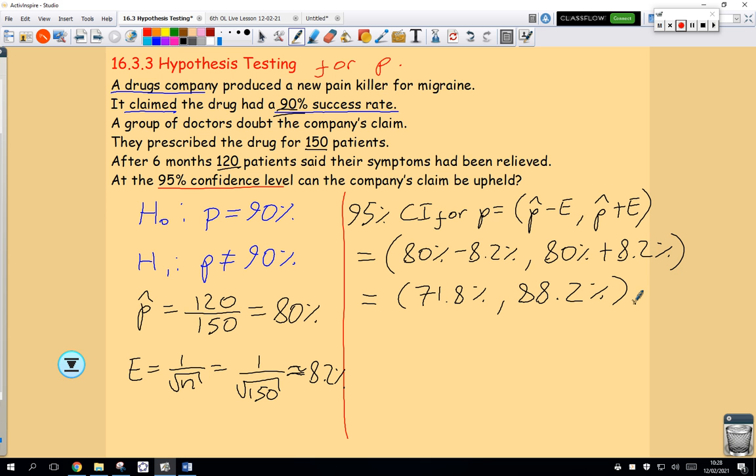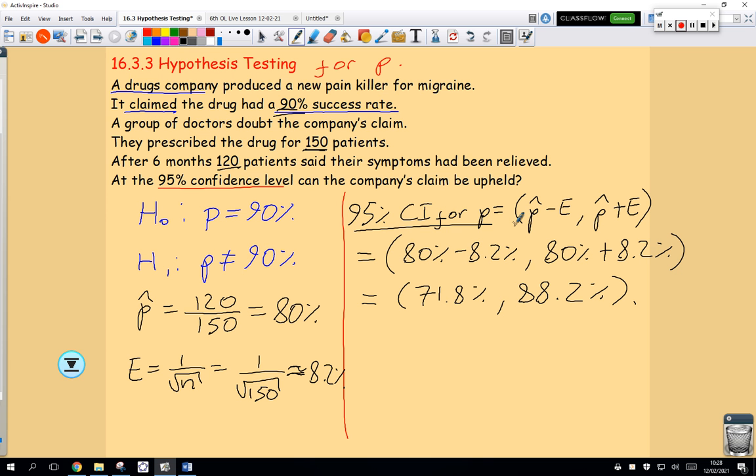So, remember, we've just taken one sample of 150. There'll be an extraordinary huge number of samples of 150 that can be taken. And of those, we're guaranteed that 95% of these intervals will contain the true population proportion.